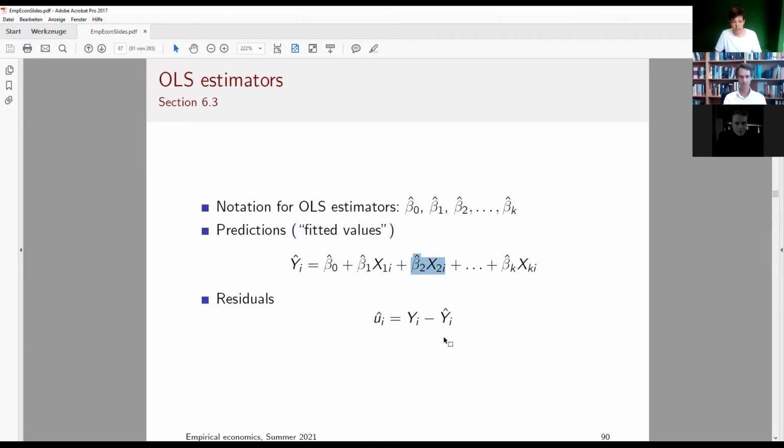And last but not least, from a notational side, the residuals are defined just the way we defined them before, as the difference between the observed test scores and the test scores we would predict with our multiple linear regression model.